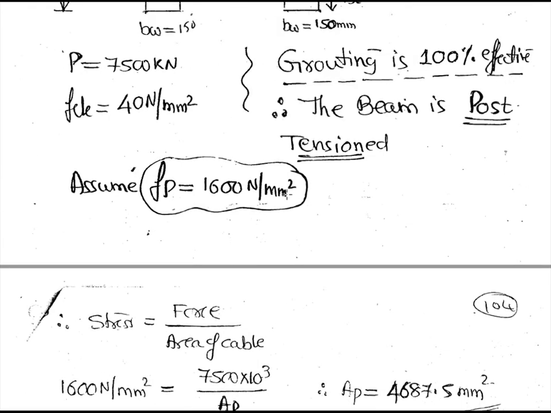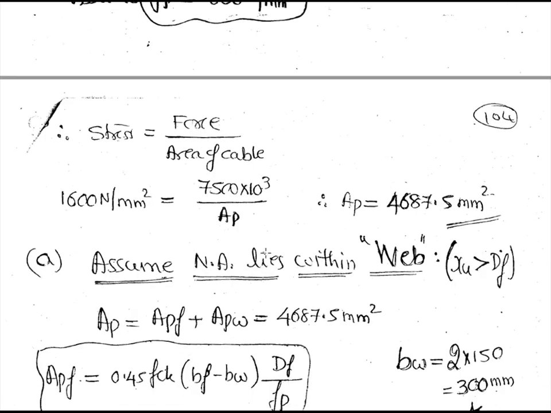So here we have to assume a value of Fp, that is 1600 Newton per mm square, Fp value. So the stress is equal to force by area of cable. The area of cable is unknown, so we can calculate the area of cable.